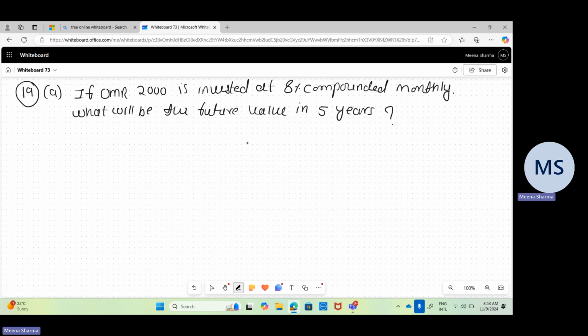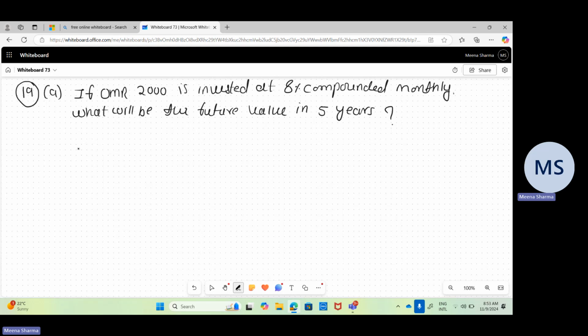You invested 2000 riyal with the rate of 8%, which is compounded monthly, and the period of time given is 5 years. So you have to find what will be the compounded amount after 5 years.